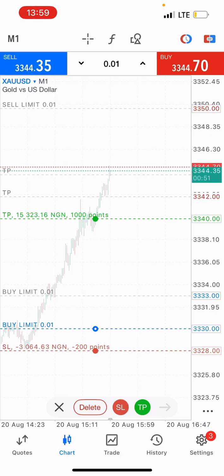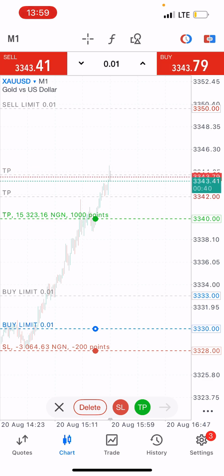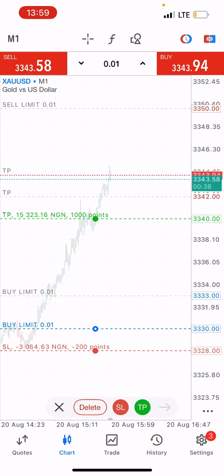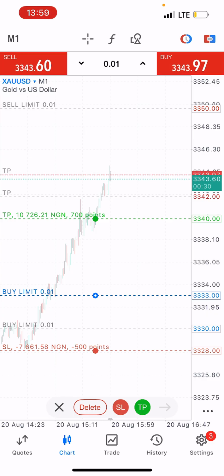You can see now, if I'm using 3328 as my stop loss, with the same lot size, you will see that I am risking 3,000 naira to make 15,000 naira. I'm risking 200 points to make 1,000 points. Then if I enter at 3333, which is the higher number, I am risking 7,000 naira to make 10,000 naira.